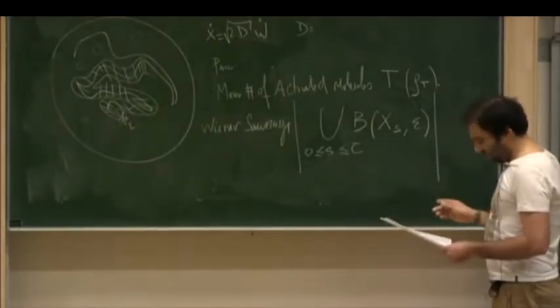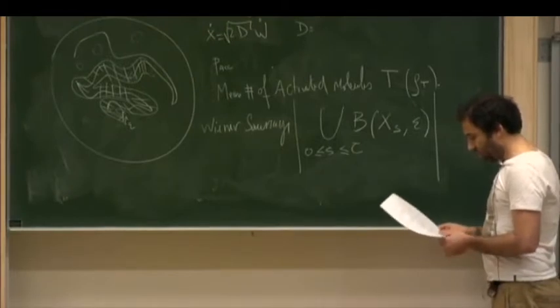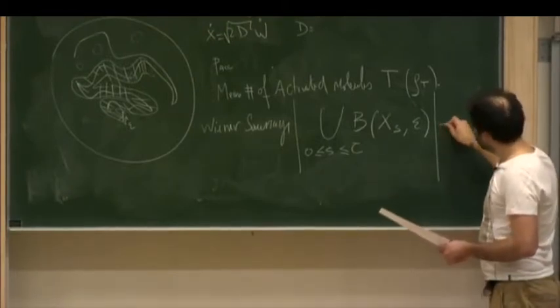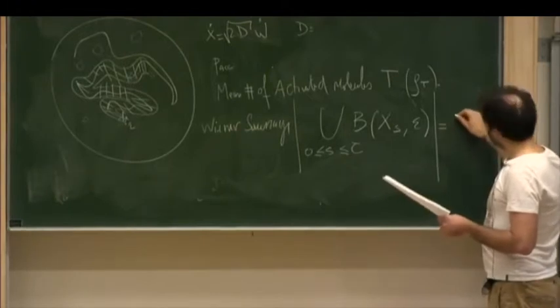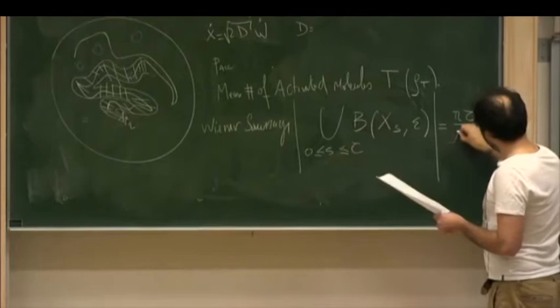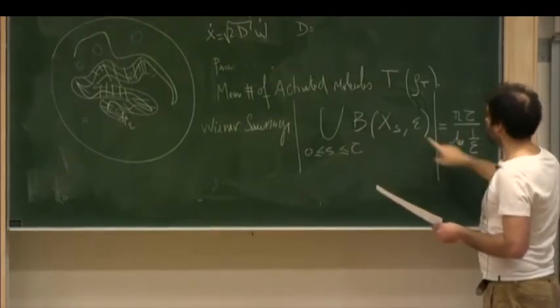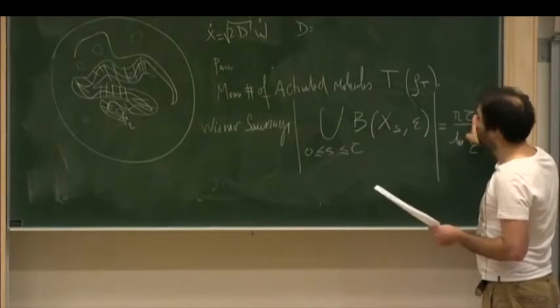But what is interesting, and this I'm not going to prove, is that in dimension 2, this behaves like pi tau divided by log of 1 over epsilon. Epsilon is the size, pi is pi, and tau is the time.